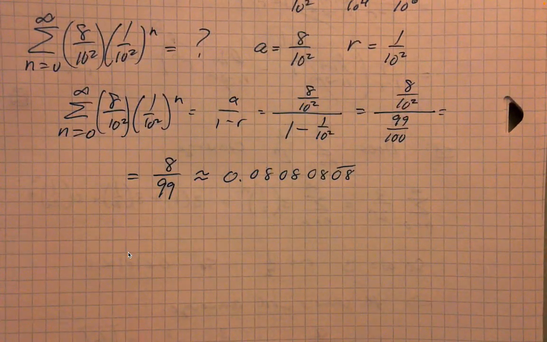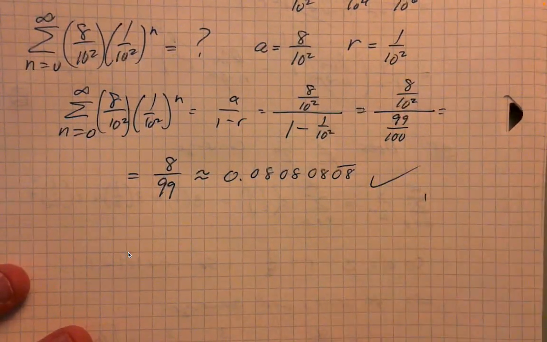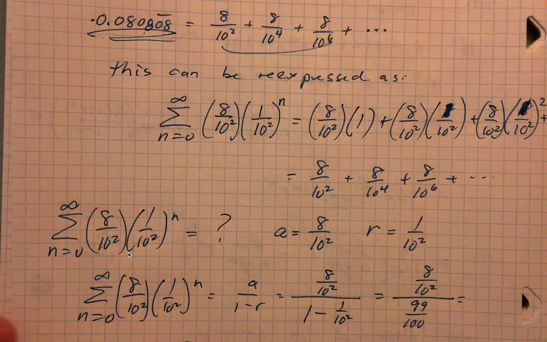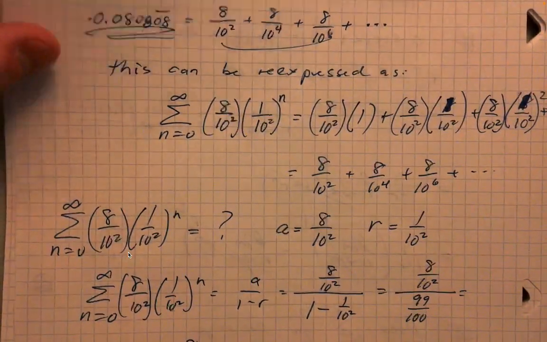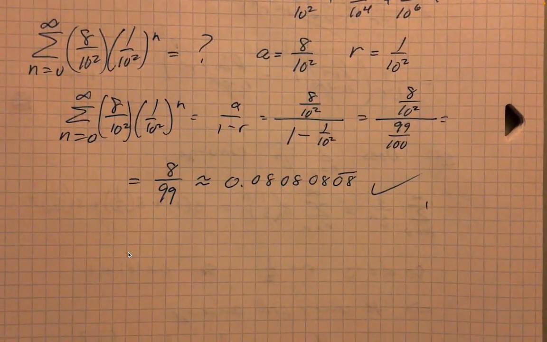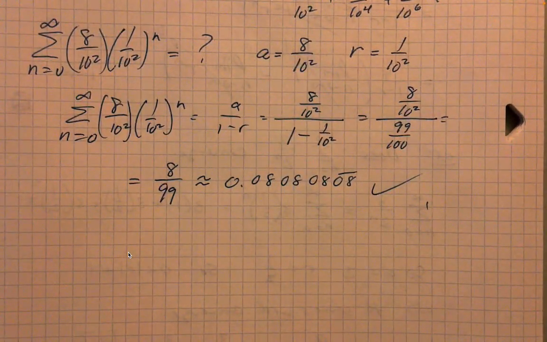And so there you go. We've shown that this repeating decimal number can be written as a geometric series. Okay. All right. Very good.